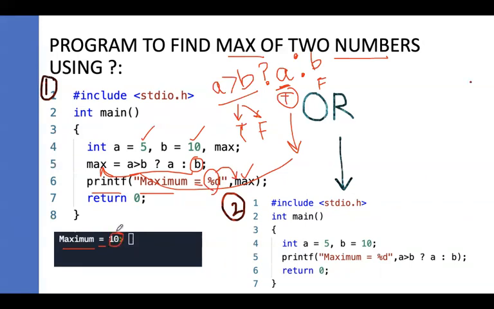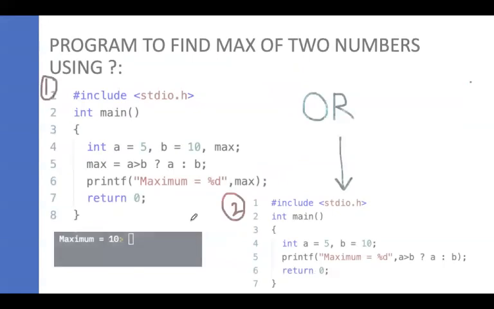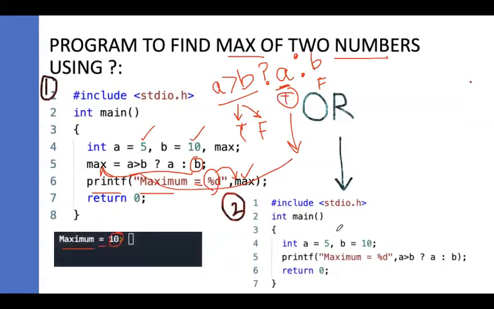I hope it is clear, right? This is the first method. Now I said that you can use the second method also. Second method is that you can use the printf command. Instead of using the max variable, you can directly print it using the printf function. So here, this is your entire expression.